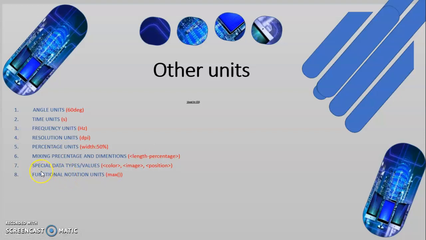Number 7 uses special data types like color, image and position. These are things that we've been using already. They don't fall under absolute or relative. These are special values or special data types. And number 8 is functional notation units.